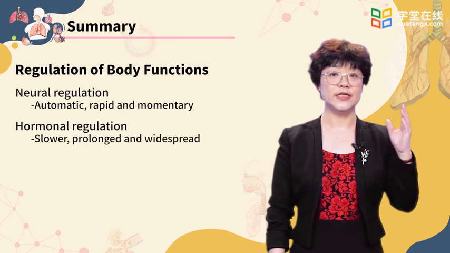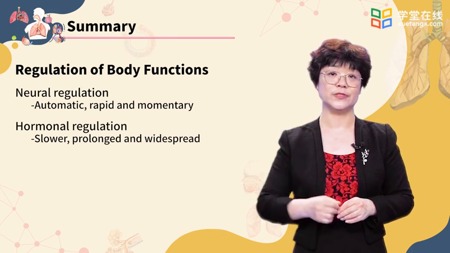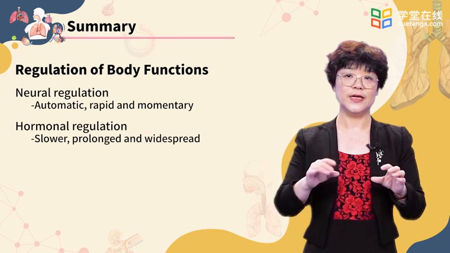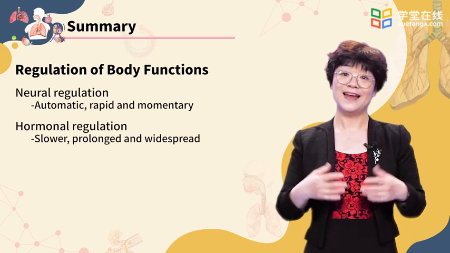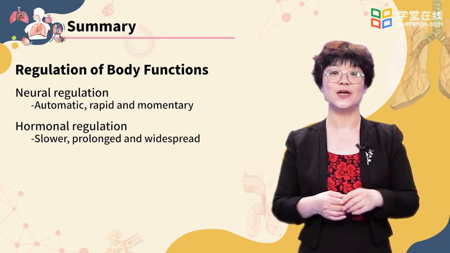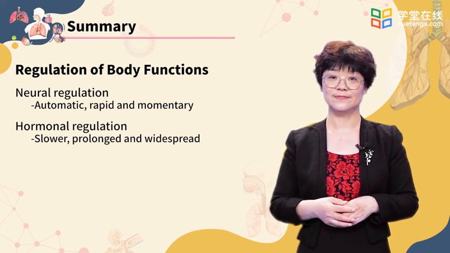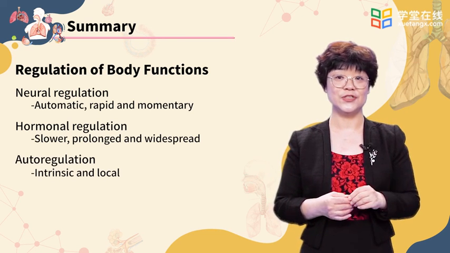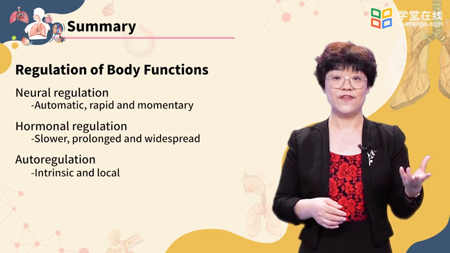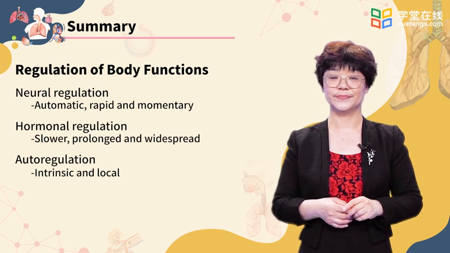Hormonal regulation is through the action of hormones. It happens a little bit slower, but is longer lasting, and the effect of hormone is usually more extensive. Autoregulation is an intrinsic capacity of tissues and organs and affects local circulation.